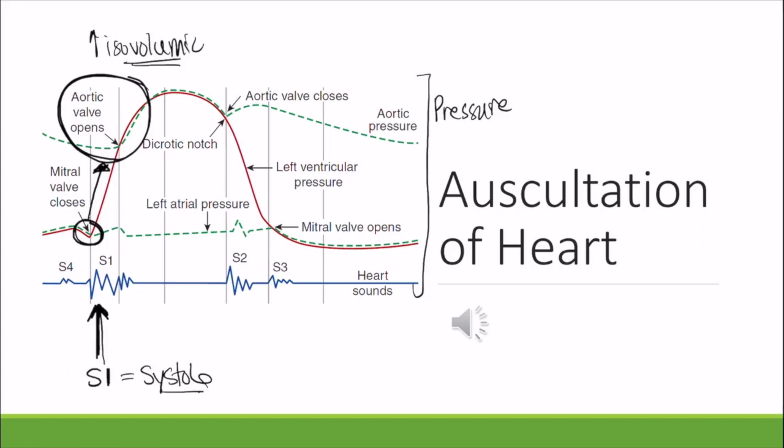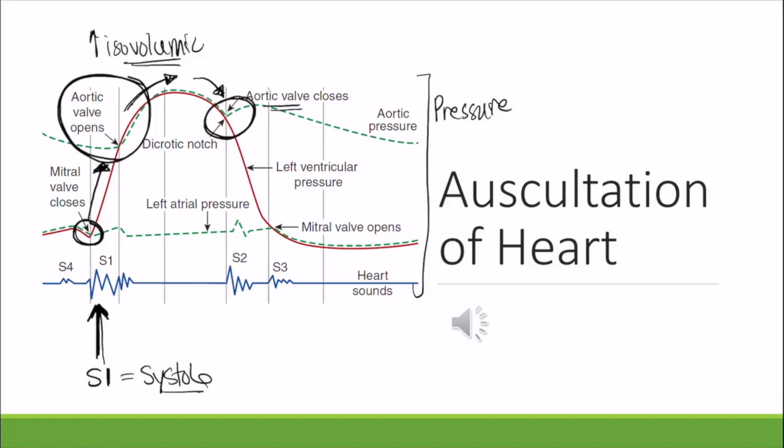You have a little overshoot in pressure, but then you're going to start to lose pressure because as blood is leaving, the pressure within the ventricle is going to start to go down. The heart begins to relax, and as soon as aortic pressure is greater than the pressure within the ventricle, the aortic valve is going to snap shut.